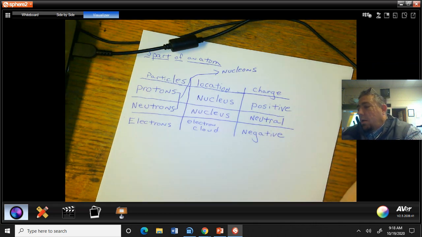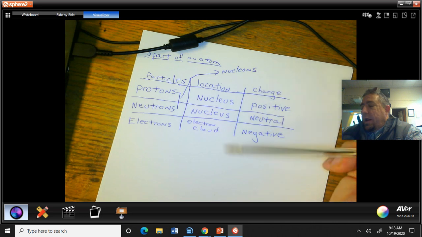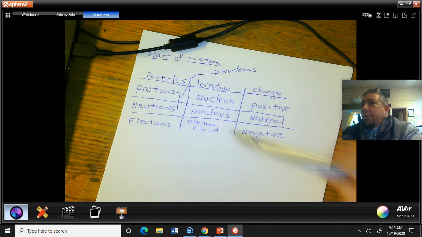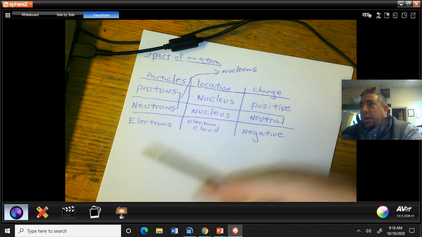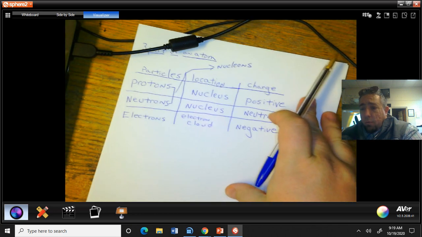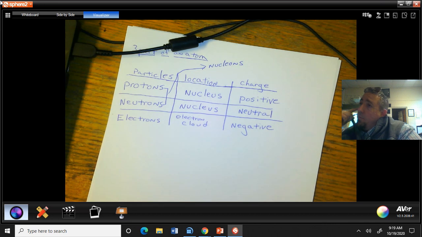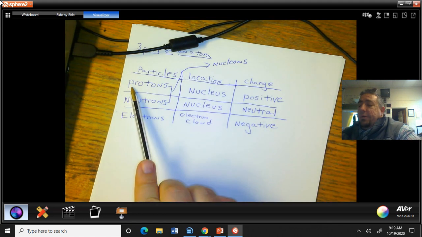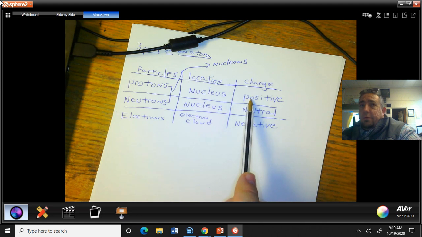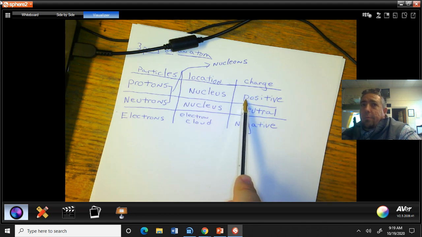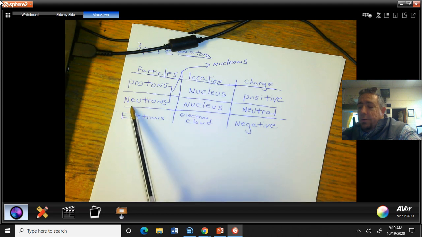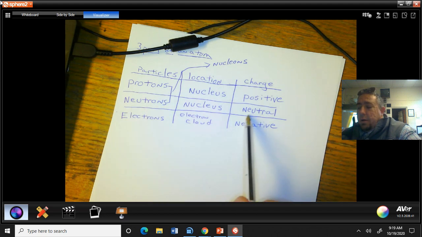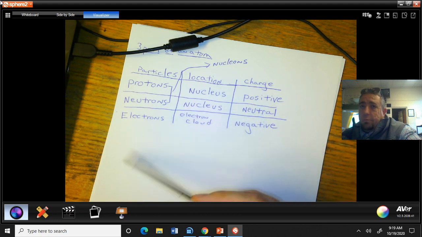So the way I remember the charge when I was learning this, again, it may not work for you. You may have to have your own way to remember things. As long as you remember them, I don't care what you do. But the way I remembered protons, positive, is because it starts with a P. Neutrons, neutral, because it's neutral, nu, right?